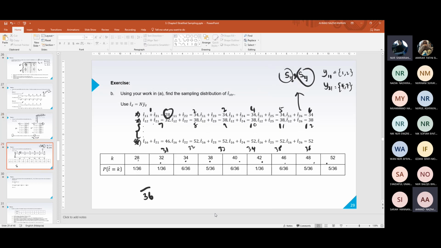So this is the value here, 28. And if you repeat the same process 36 times, you will get 28 one time. You will get 32 one time also. This one is 32.